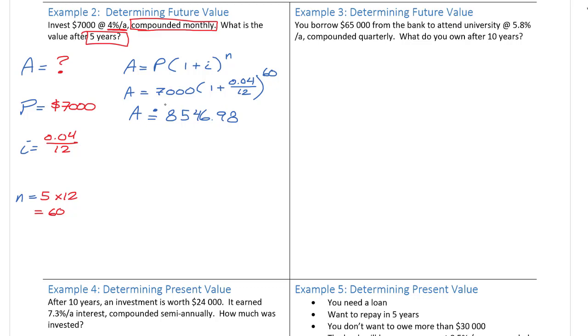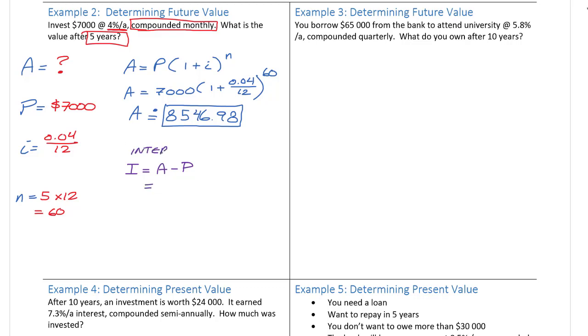Now, another question that comes up a lot will be how much interest was earned. It's pretty easy to calculate the interest because if we take that formula, the interest we get is if we take the amount and just subtract the principal. How much did we end up at the end with? So basically you're saying take the end amount, subtract the starting amount. Let me just write this down here.